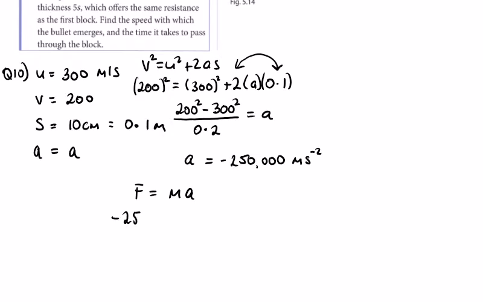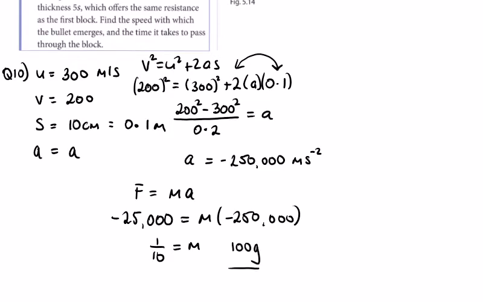So my resistance force of minus 25,000 equals mass times minus 250. So it's just 25 divided by 250, 1 over 10 is equal to the mass, which is 1/10 of a kilogram, which is 100 grams, or 0.1 kilograms for its mass.